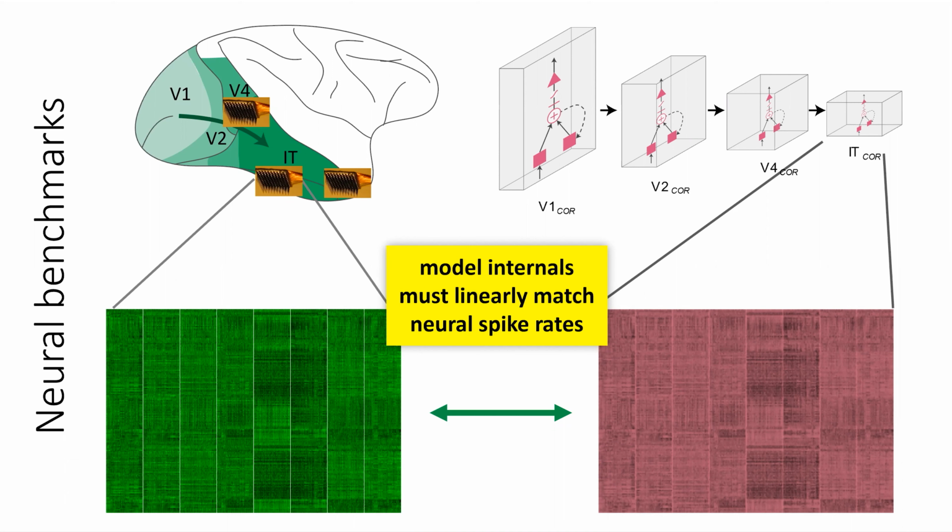To give a bit more detail on this, what we typically do is split these two matrices in a 90-10% train test split, and we use 90% of the images and the corresponding model activations to fit a linear regression to the brain recordings. Then using those found weights on the held out 10%, we try to predict what the brain recordings for those held out images will be. And then we linearly correlate how well we've predicted all of that. We do all of that in a cross-validated manner, and that gives us a score. So it's really: is there a linear transformation from model activity to brain activity, and how good is that? That is what is being tested here.